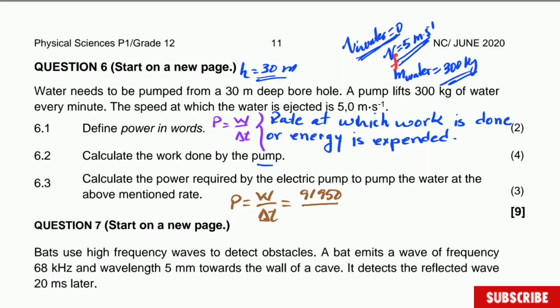The time they give you is every minute. We cannot work in minutes, we work in seconds. 1 minute has 60 seconds. So when you calculate that, the power is going to be 1,532.5 watts.